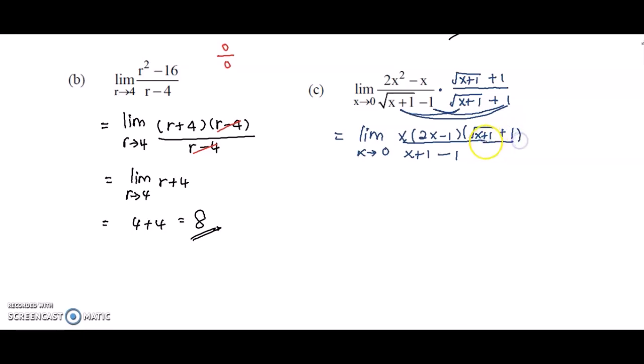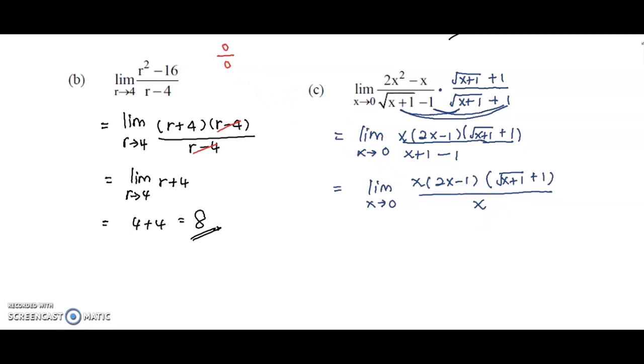Just like that. Then after that, we try to simplify. Okay, so the numerator, we just have x.